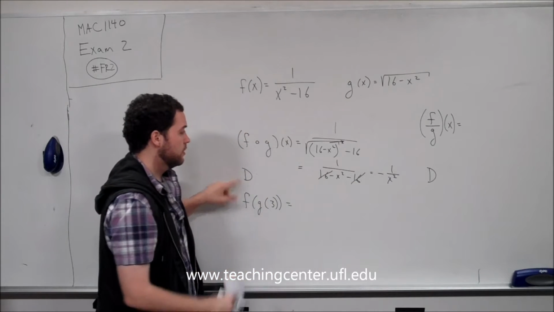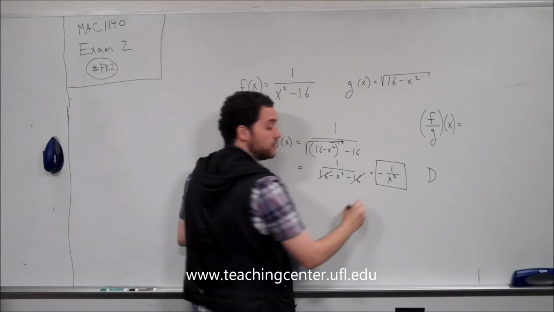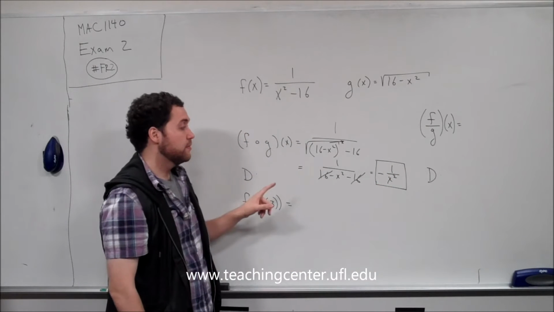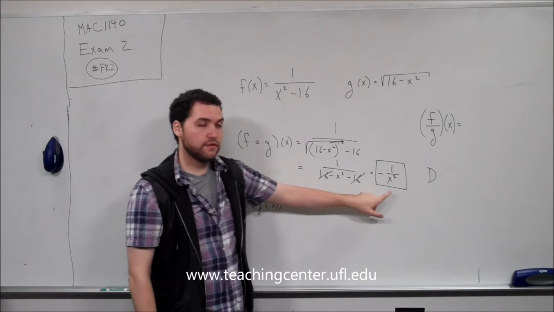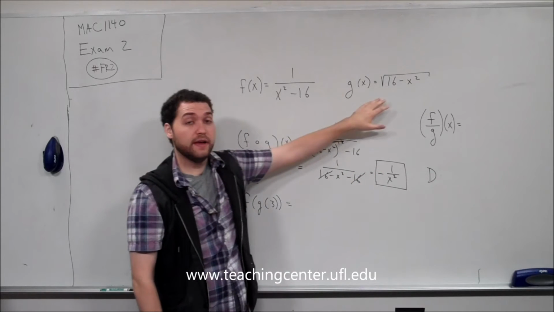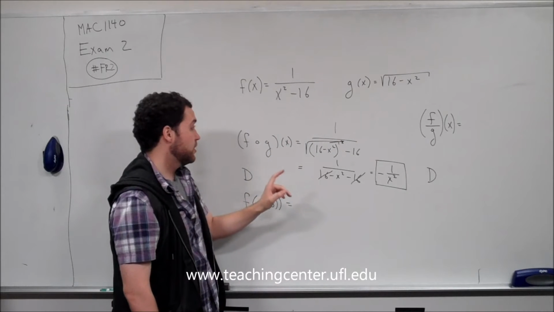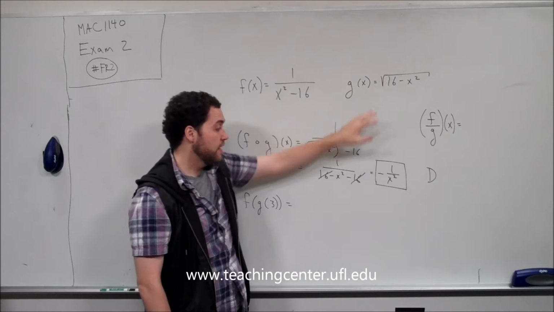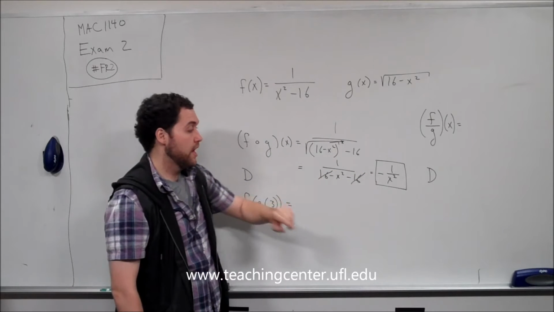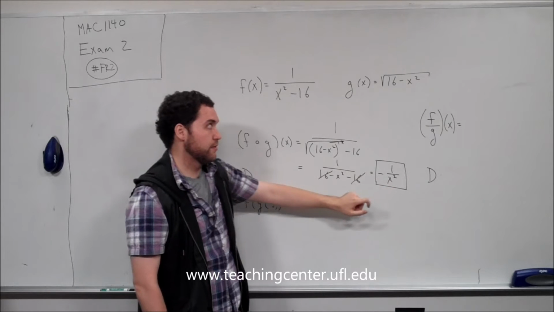The second part was, what's the domain of this newly created composite function? We have to remember that the domain is not only the domain of the newly created function, but we also have to check it with the domain of the function we're plugging in. We don't care about the function we plug into, so we need to check for the intersection of the domain of g of x and f of g of x. You can't plug 0 into here, obviously, so that's going to be excluded from the domain.